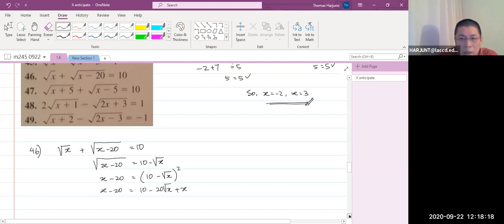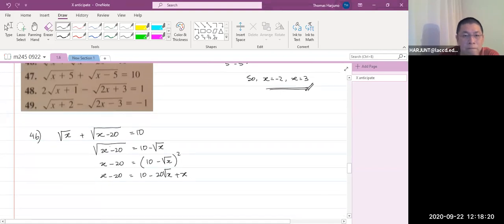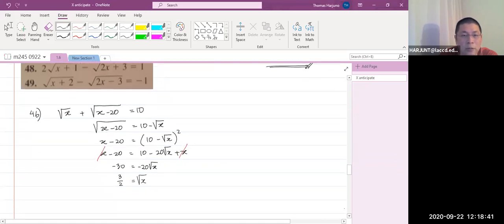The x cancels, right? Subtract by 10. Divide by negative 20. I get 3 over 2 equals square root of x. Right?